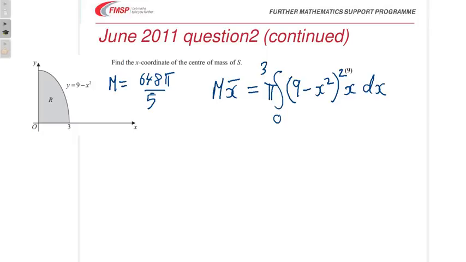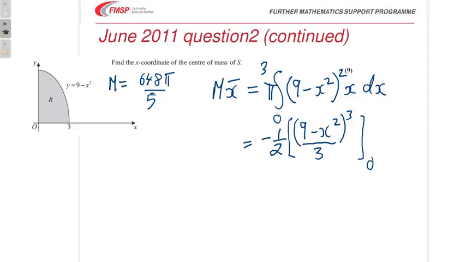Okay, I'd pause the video and check that it comes to minus a half of (9 minus x squared) cubed over 3, between the limits 0 and 3. Because it's a recognition type integral, and it's minus a half the integral of u squared du.